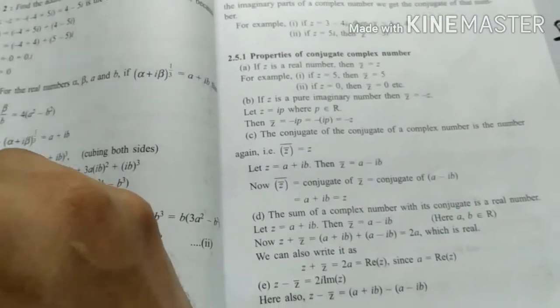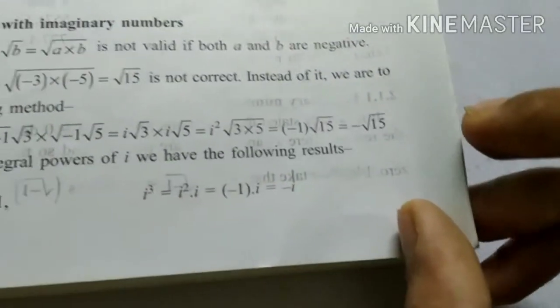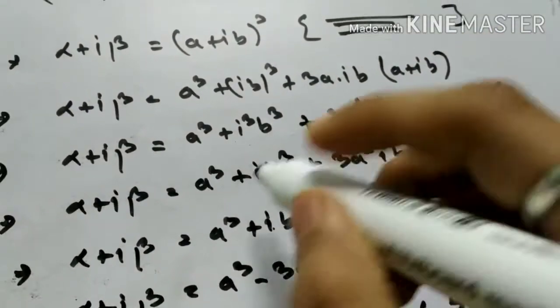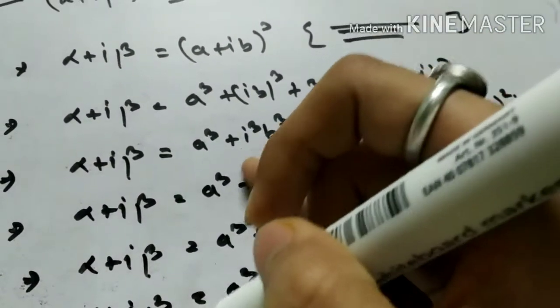Oh sorry, the i cube value is minus i, not i. I made a mistake here. It will be minus i.